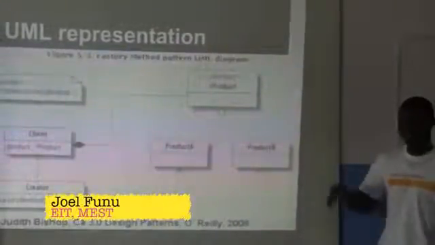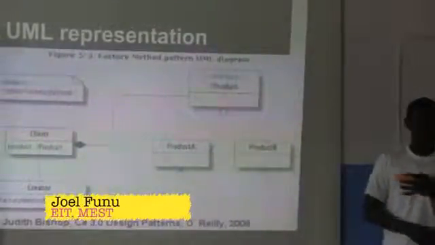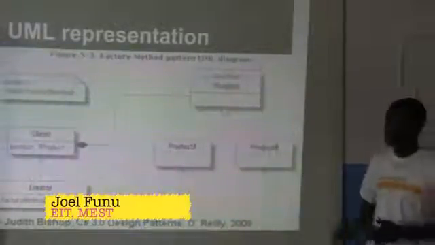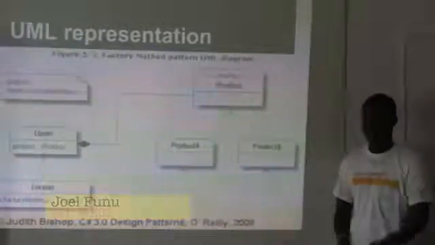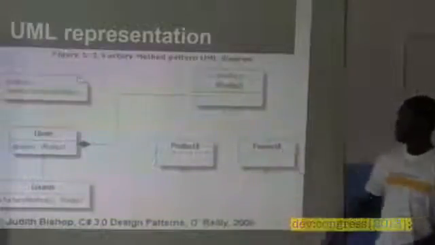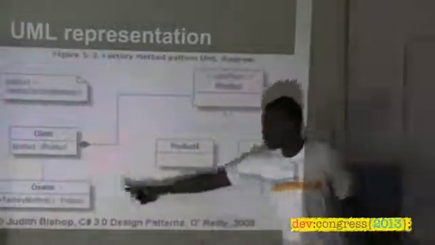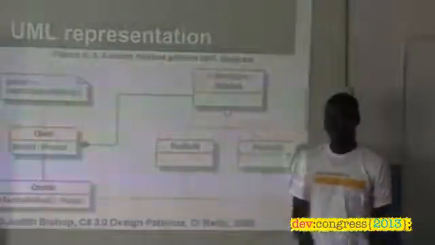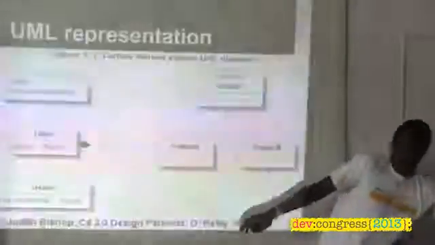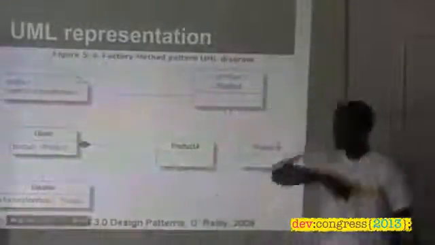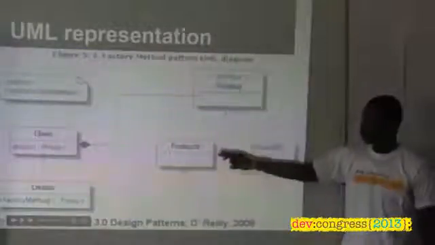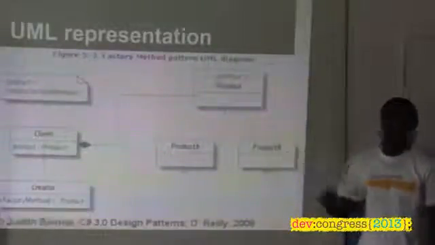That way you don't have to do a lot of if else, checking if the product is product A, then instantiate this, if it is that, instantiate that. All you do is pass whatever object you want to create to this factory, and then it automatically finds the object to create for you at runtime.